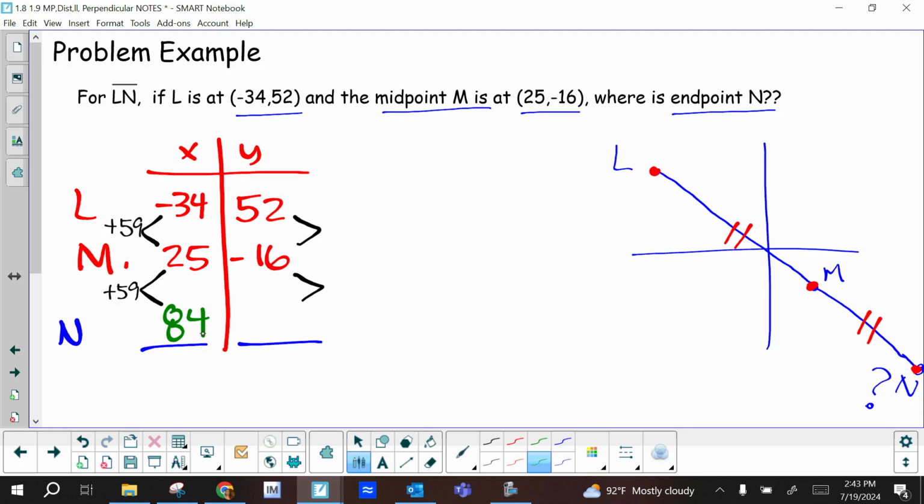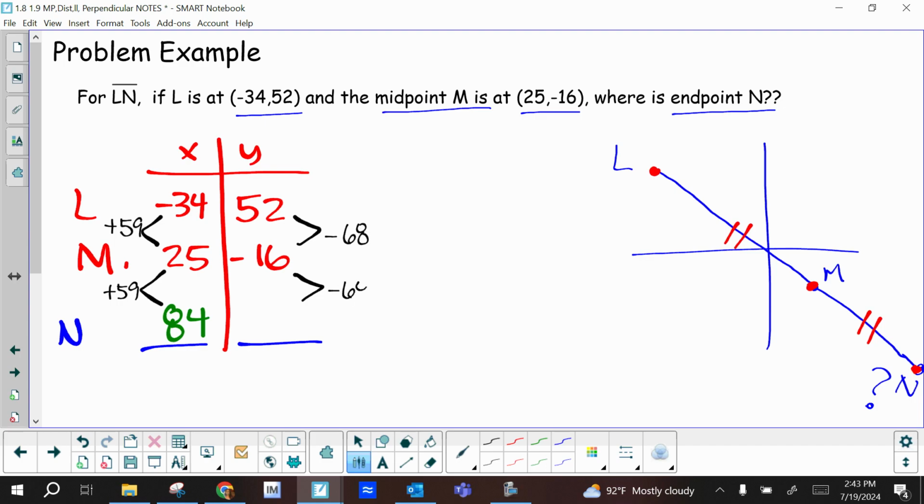Now let's check out the other side. How far is 52 to -16? Is that going up or down? It is going down because it's getting into the negative. It goes down 52 to the 0 and another 16, so 52 plus 16. This one's going down 68.